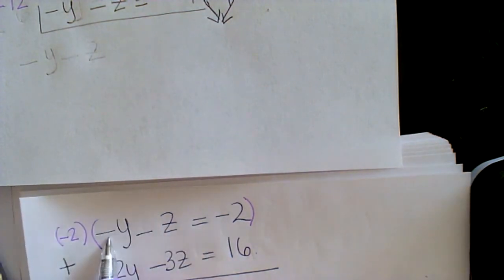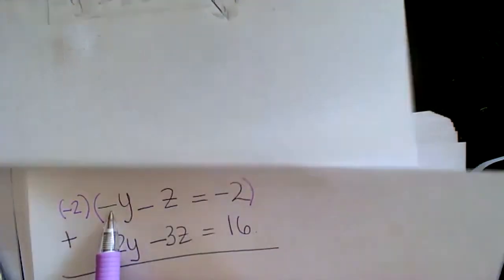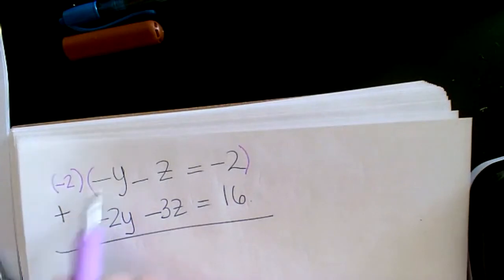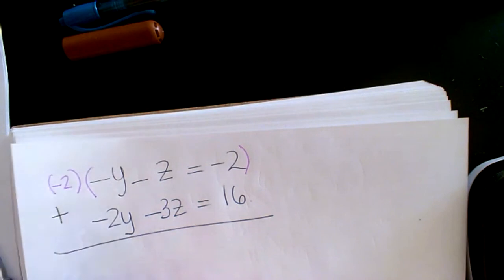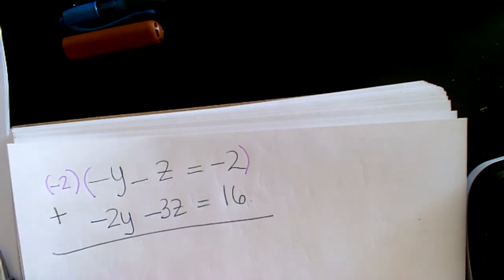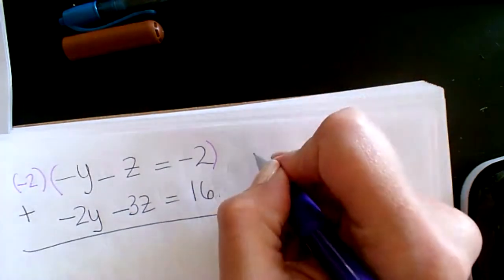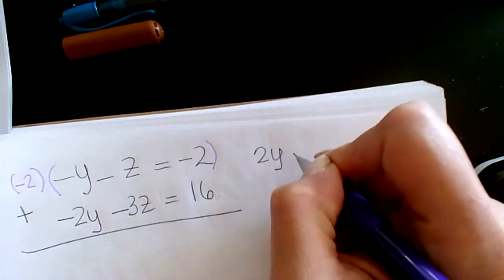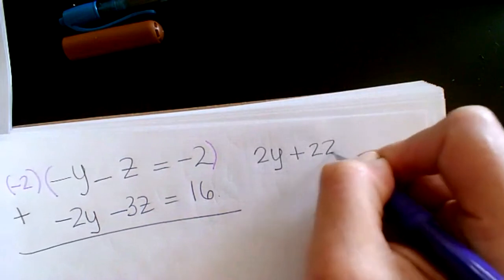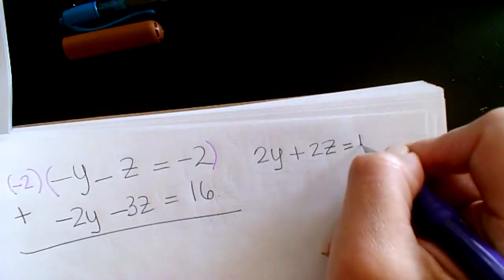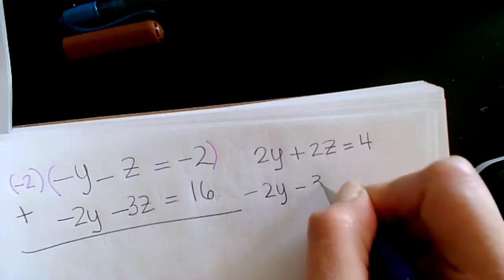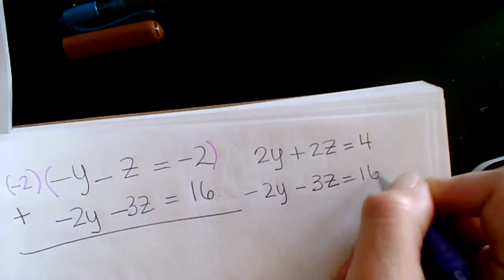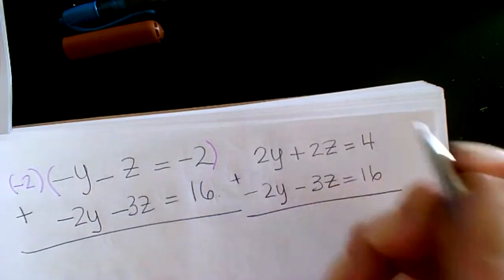Because if I multiply this one by negative 2, I get positive 2y, and then I could cancel it, I could eliminate it, okay? So let's do that. So it's going to be 2y plus 2z equals 4. And this one is negative 2y minus 3z equals 16. There we go.